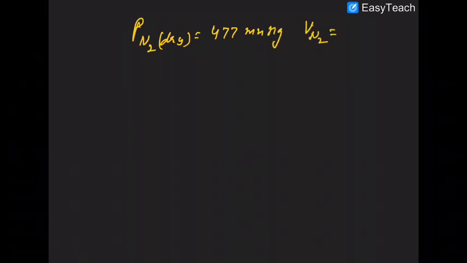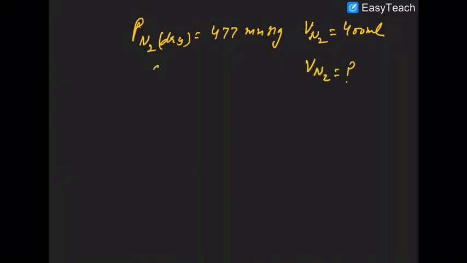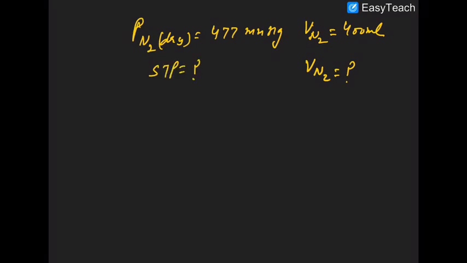Now pressure of N2 dry is 477 mmHg and volume of nitrogen is how much? It is 400 ml. Now you have to find out the volume of nitrogen at STP condition.